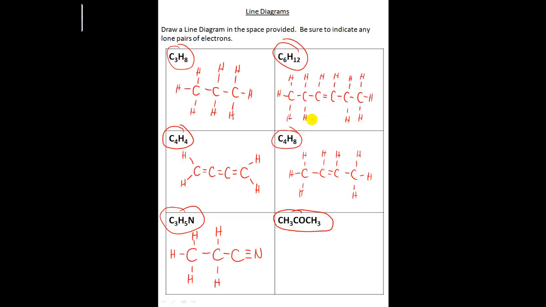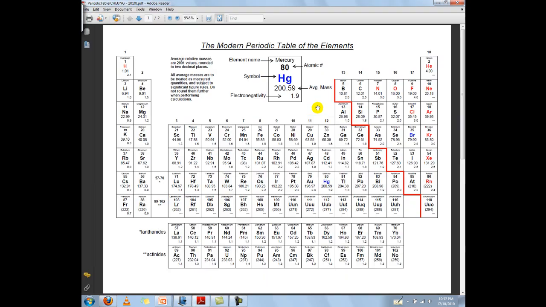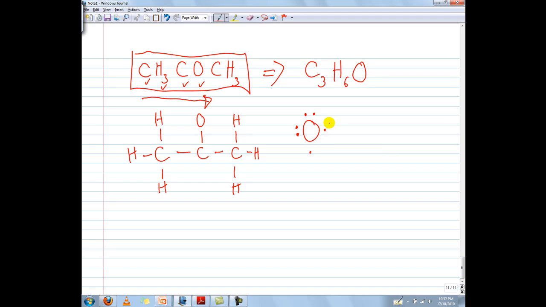Oxygen is in group 6A on the periodic table, meaning it has 6 valence electrons. As such, it needs another 2 electrons for stability, meaning it can make another bond here and another bond here. So it needs to make 2 bonds altogether to achieve full stability. So this oxygen still needs to make a bond, and this carbon over here has 2, 4, 6, but it should make another bond as well.